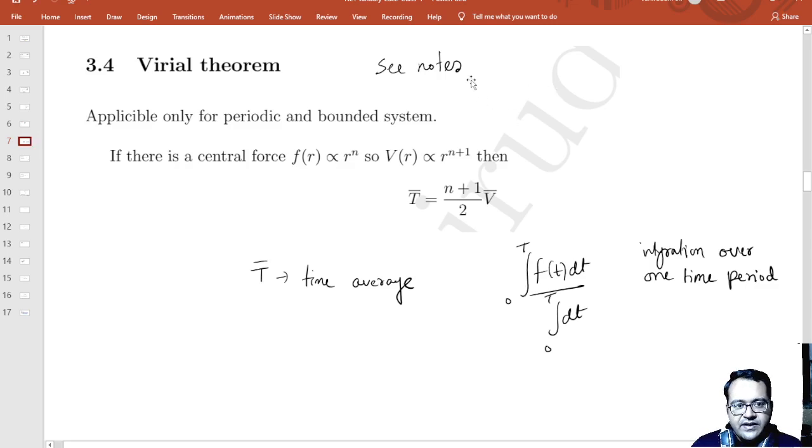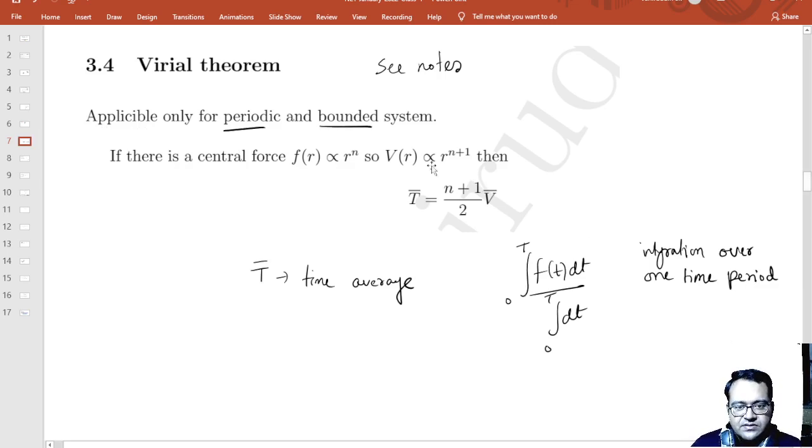Just have a look at the virial theorem before you go to an in-depth study of the inverse square laws. In my notes we have this virial theorem, so let's remember that it's applicable not for every system, only for periodic and bounded systems.